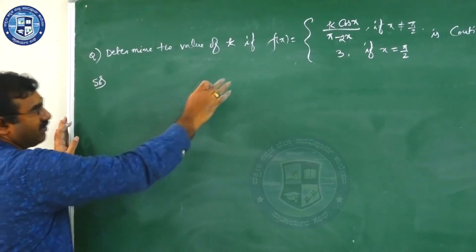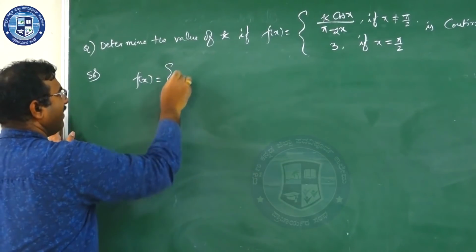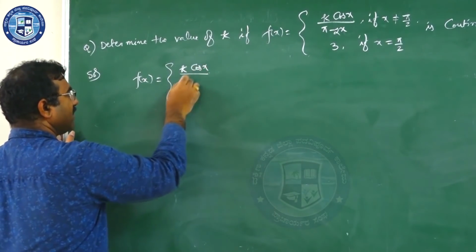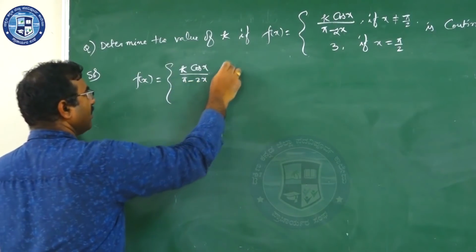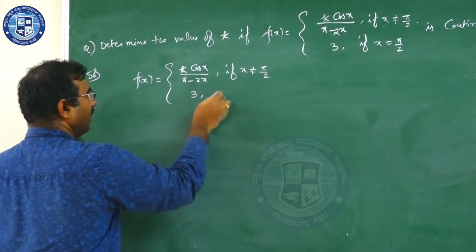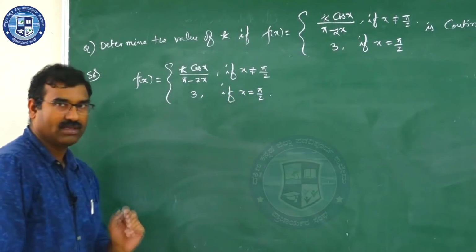So we take the given function f(x). It is always better to write the given function one time as it is: k cos x by pi minus 2x if x is not equal to pi by 2, and 3 if x is equal to pi by 2. This is the function they have given us.